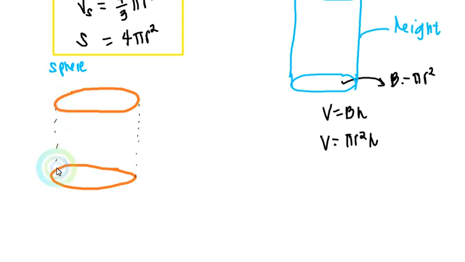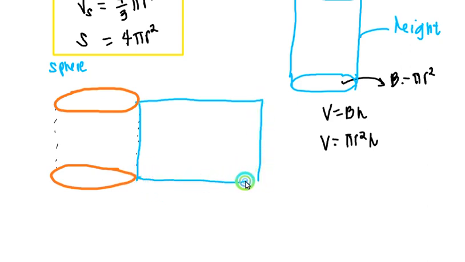So kung i-detach ko ni halin diri sa aton nga mga bases, kag i-cut ko ng isa ka side, this will form a rectangle. Ari nga part. So ang ma-form niya nga side is this one. Okay? So amo ni siya. Therefore, ang ako ni consider nga part is this one. So ini nga area, this another area, and this another area. And that is the surface area of the cylinder.